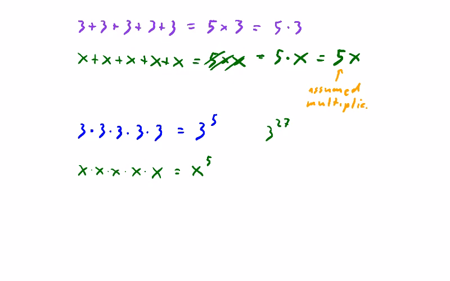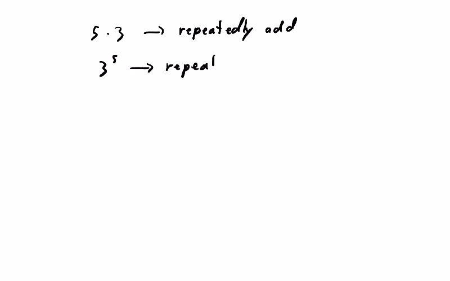Let me just clear things out. 5 times 3 means to repeatedly add the 3. 3 to the 5th means to repeatedly multiply.